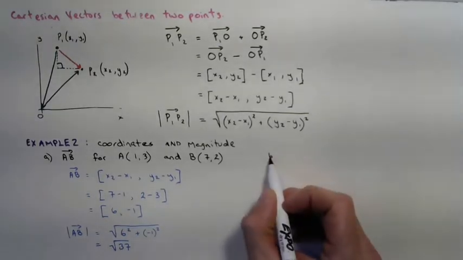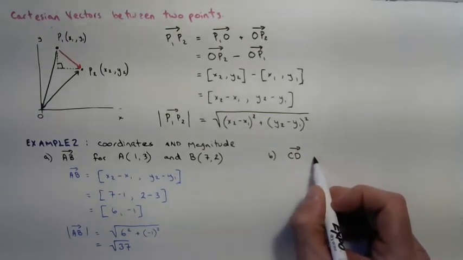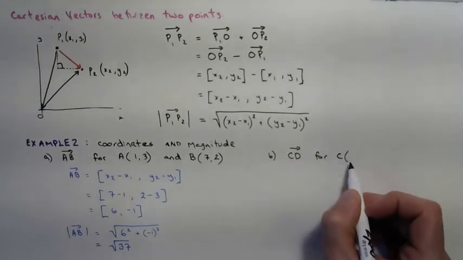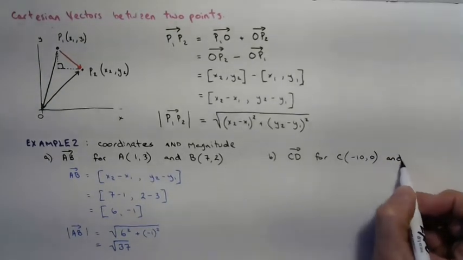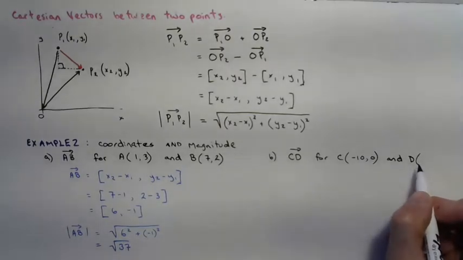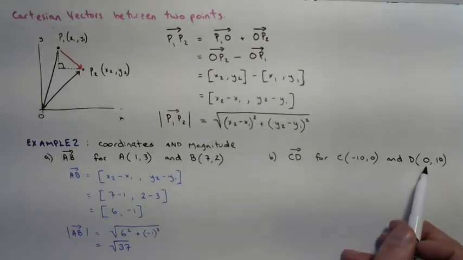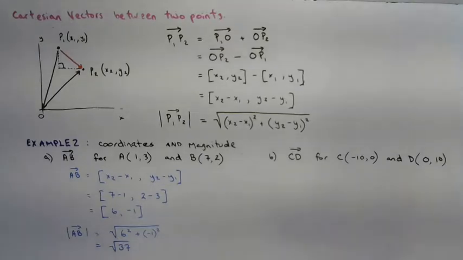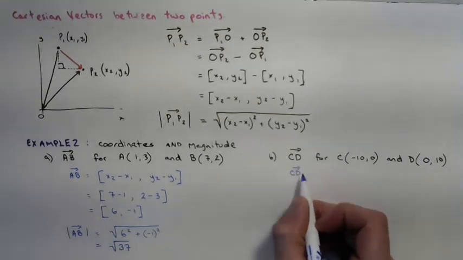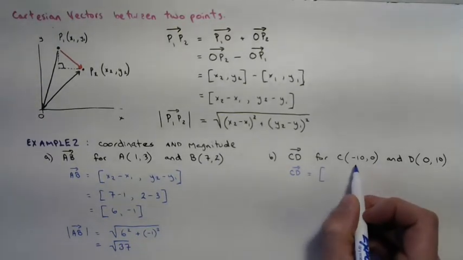B. CD, for point C at negative 10, 0, and point D at 0, 10. All right, so we have a horizontal vector and a vertical vector. It's already kind of broken up into those components, and we're going to be calculating its coordinates. So again, we're taking the difference of the horizontal displacements.